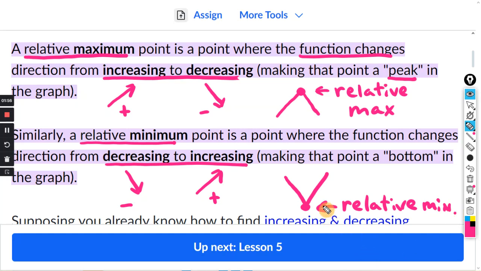It is just the lowest point relative to the points surrounding it. So it's not necessarily the lowest point on the graph, just relative to the points around it.